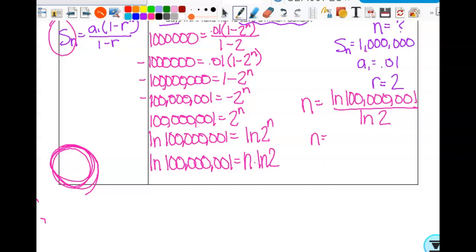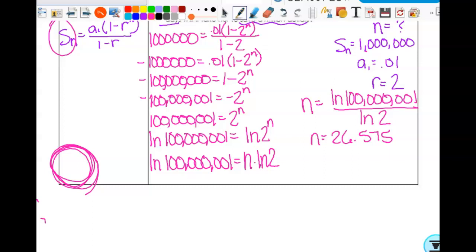Does the answer surprise you? That's good. 26.575 is what the calculator gives you, right? So somebody said they guessed 35. Anybody else get close? 30. How many of you were way off? Because way off makes more sense, right?